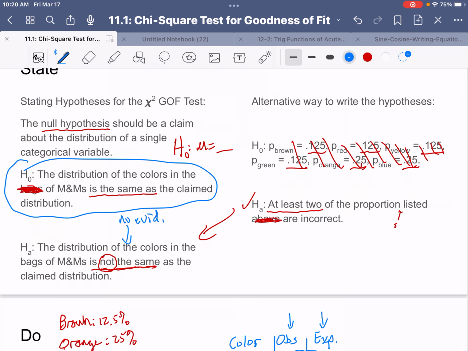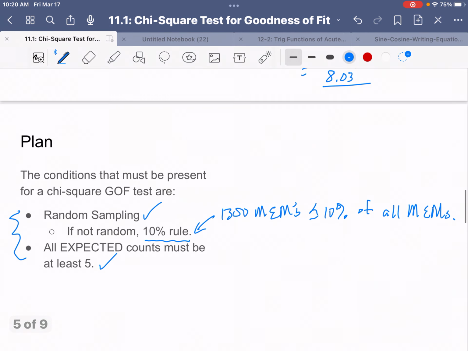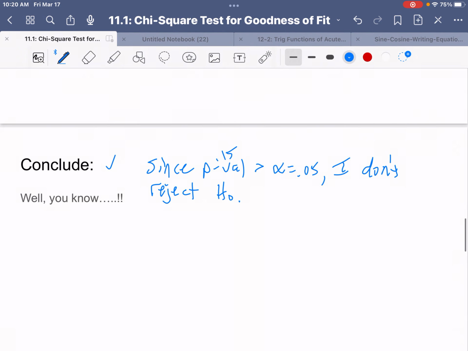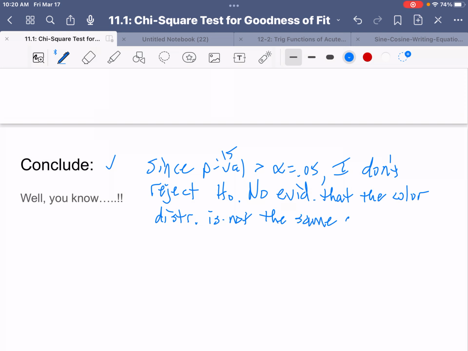The alternative is saying the distribution of the colors is not the same as the claimed distributions. So we can come down here and say that there is no evidence that the color distribution is not the same as claimed. You know how to write those conclusions.